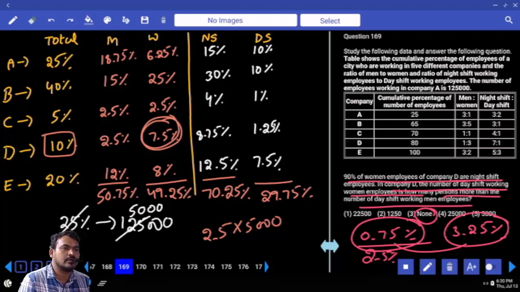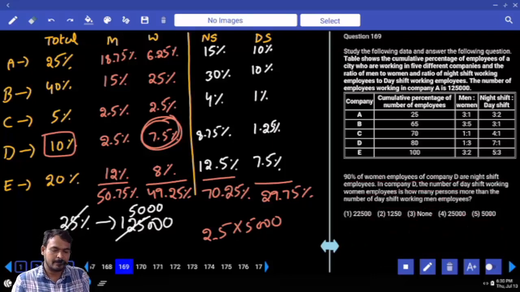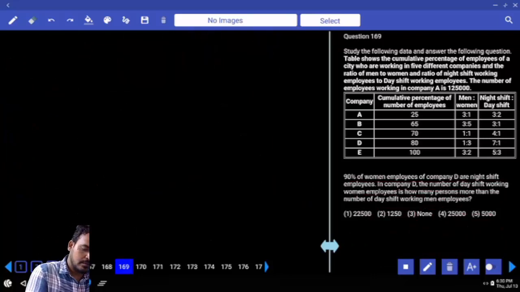We get which one? 3.75. That 3.75 are which one? Men. Men which shift? Day shift or night shift? What is the total employees in company D?